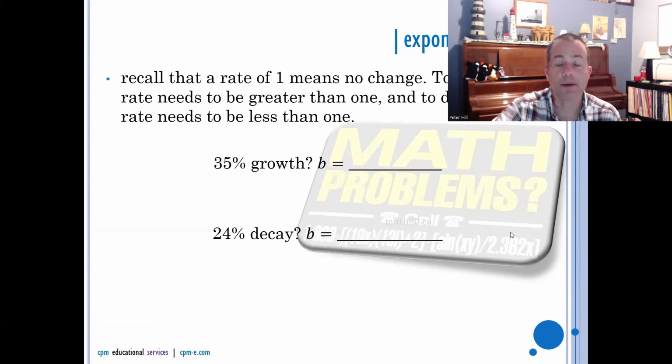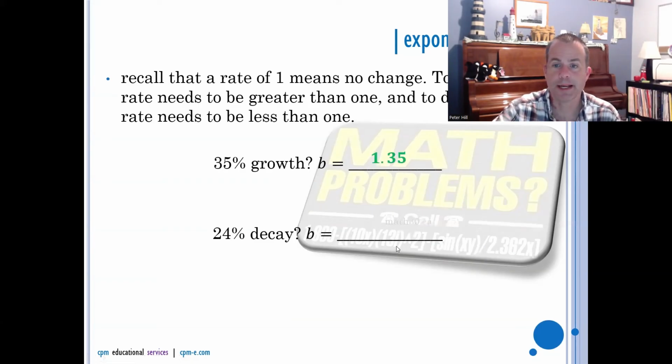Okay, so I had this conversation a little earlier in this note. Remember, I said you changed 100%, which meant you did jack all. Same thing here. So a 35% growth, b, well, first of all, 35% growth would be 135% change, but then the b value has to be a decimal, not a percent. So that'd be 1.35.